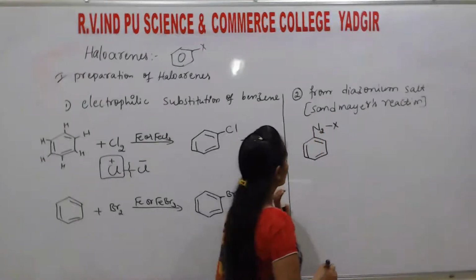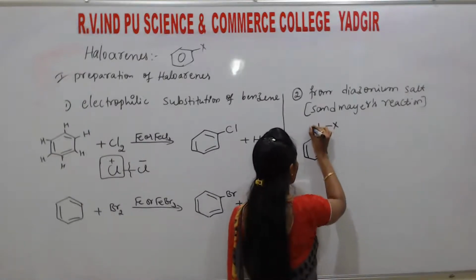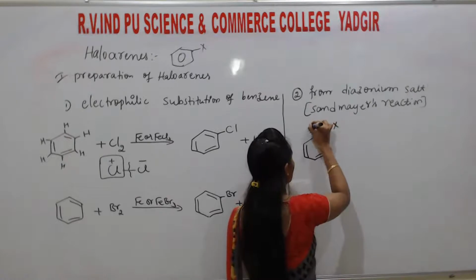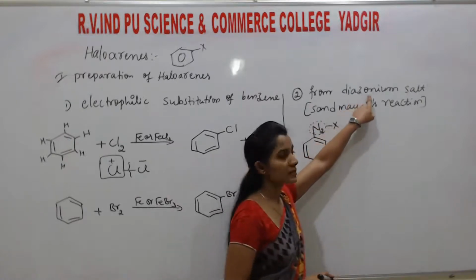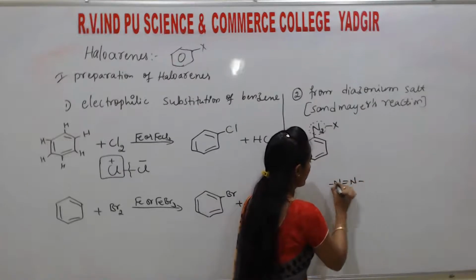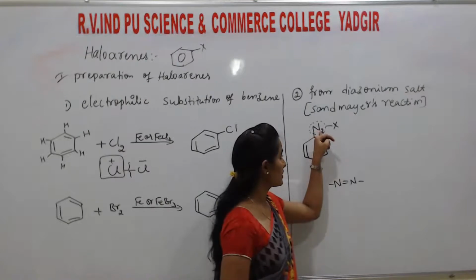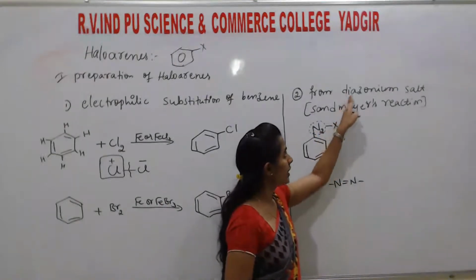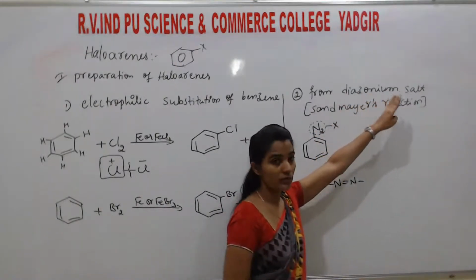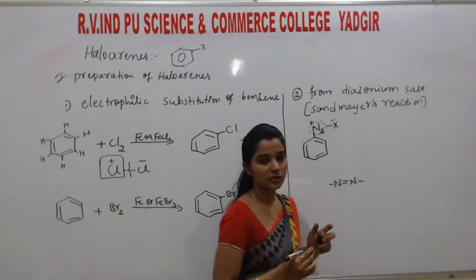Students, because of the presence of this N2 group, they are called diazo. This N double bond group is called what? Azo group. Because of the presence of this N2, they are called diazonium salts.